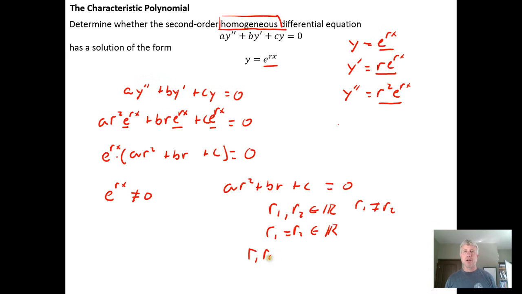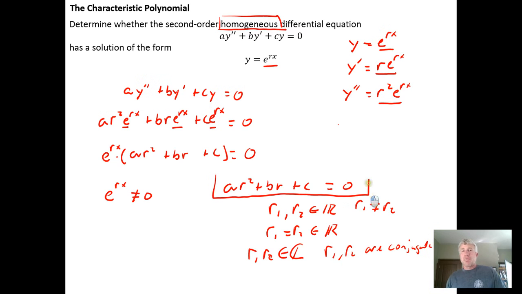We get r1, r2 as complex numbers that aren't real numbers, because every real number is a complex number, but they occur in conjugate pairs. So r1, r2 are conjugate, non-real complex numbers. This is what we call the characteristic polynomial.